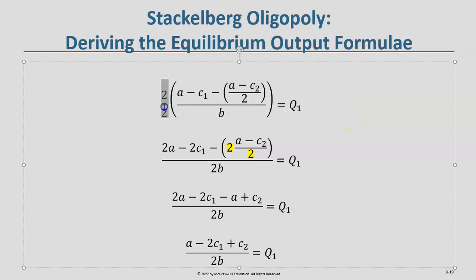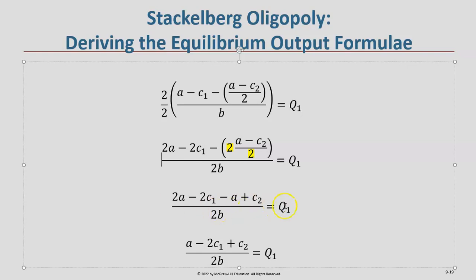So we'll multiply that by 1, and then multiplying 2 through the numerator, we get 2A minus 2C1 minus 2 times the numerator divided by 2. So I've highlighted the number that can cancel. And then that's divided by 2B.